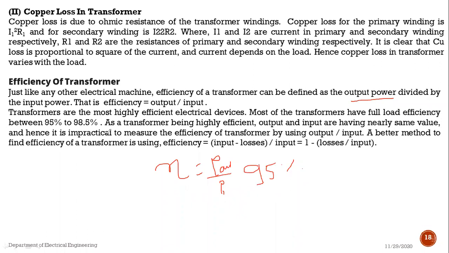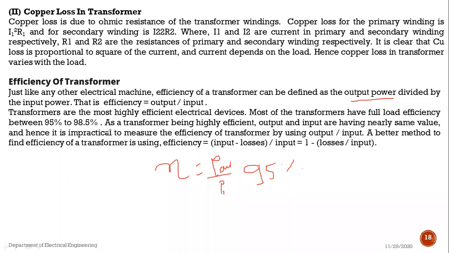As the transformer is highly efficient, there is minimum loss, so output and input are nearly the same value. So the losses are minimum, and output and input are nearly equal. Hence it is impractical to measure the efficiency of the transformer by using the output and input.